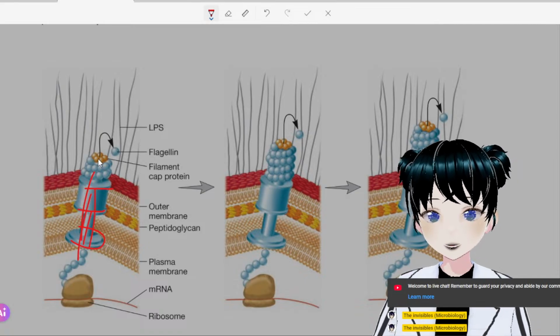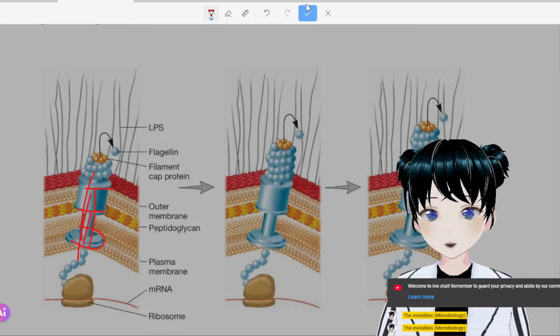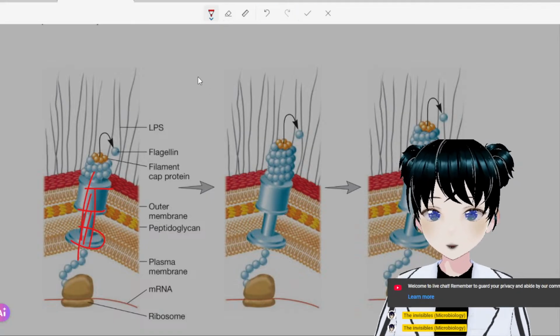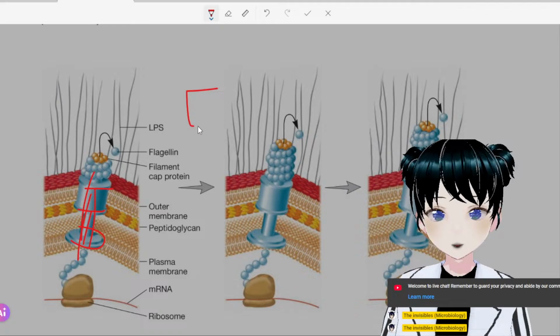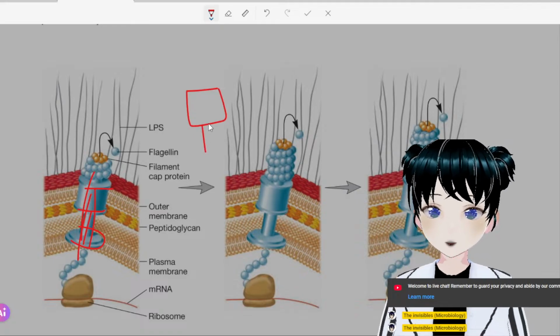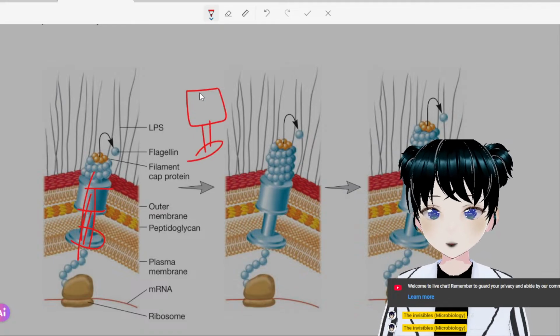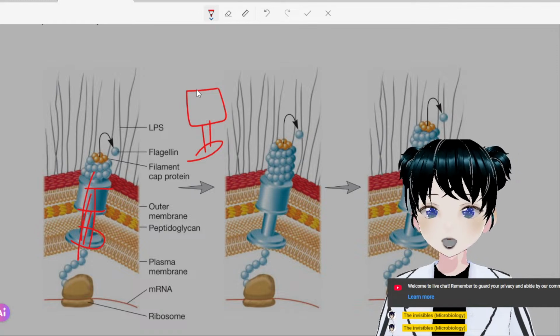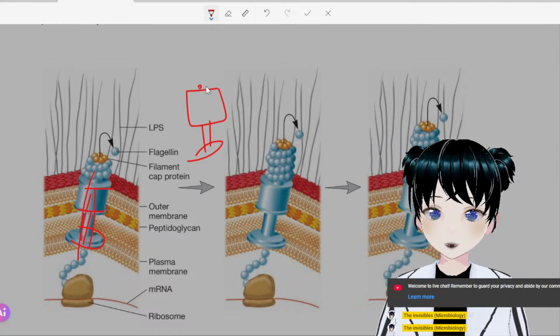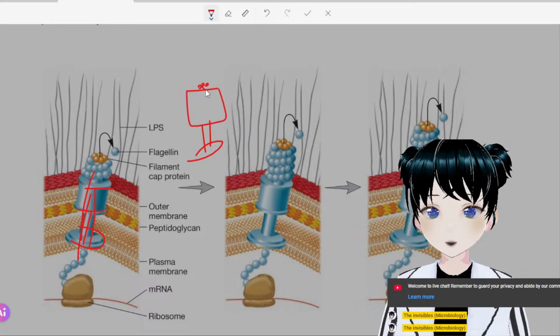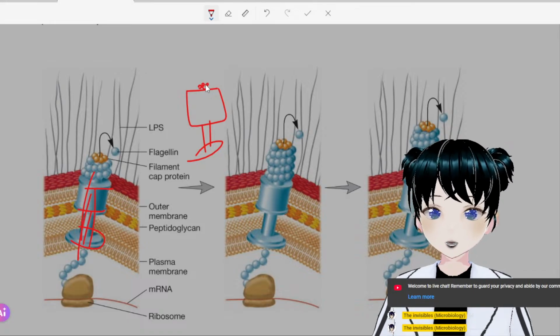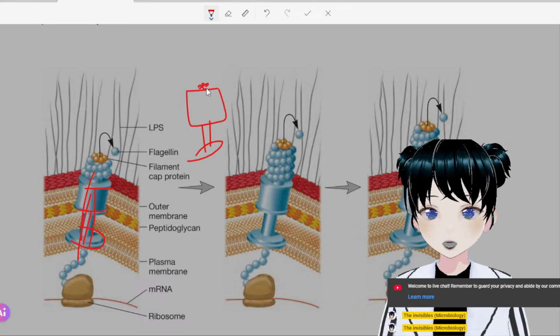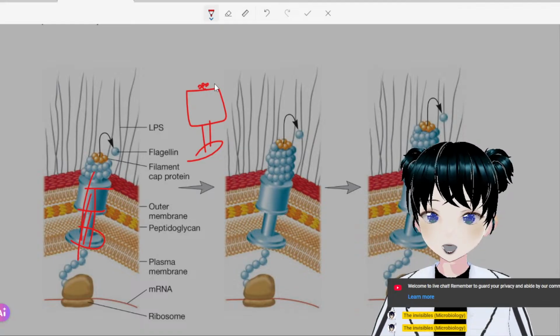If you consider the start of this, it will look something like this. At the start, there will be a tiny bit of protein here. Even though this is the end part of the filament, it still starts from here.